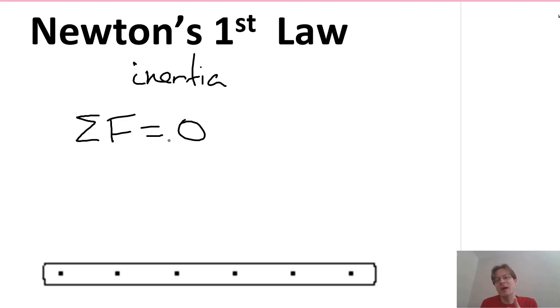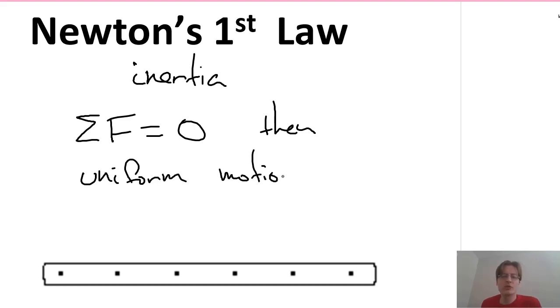My weight is balanced by the support from the ice. That's just balanced forces. Either way, if there's no force upon an object, then the object maintains uniform motion. In other words, straight line motion at a steady speed.